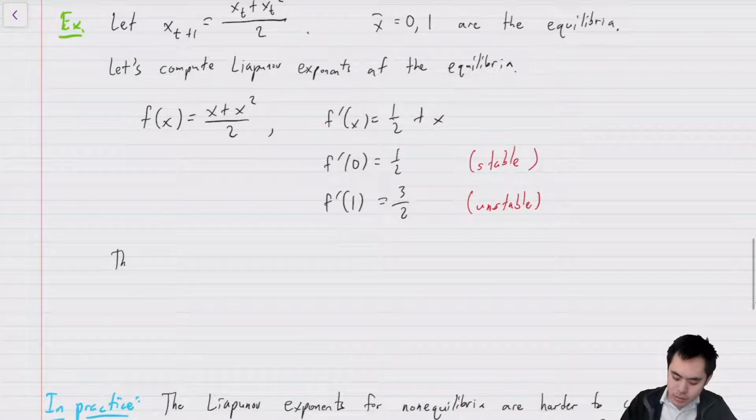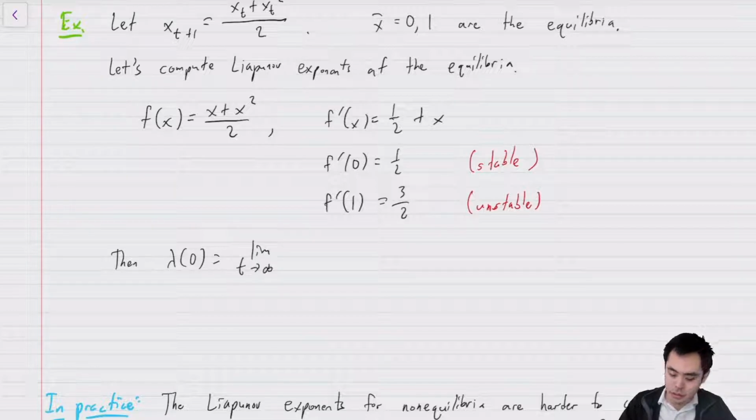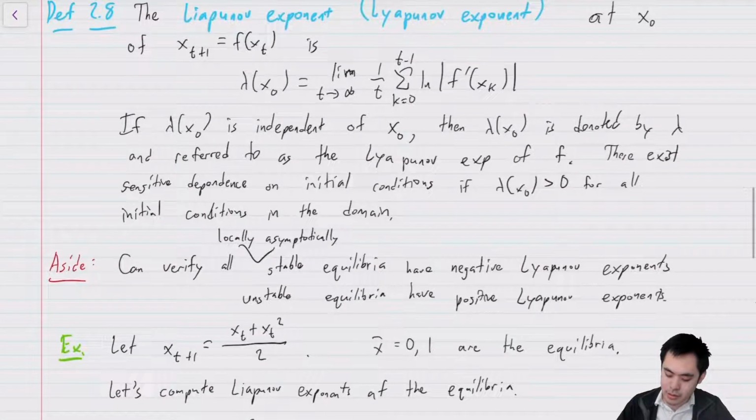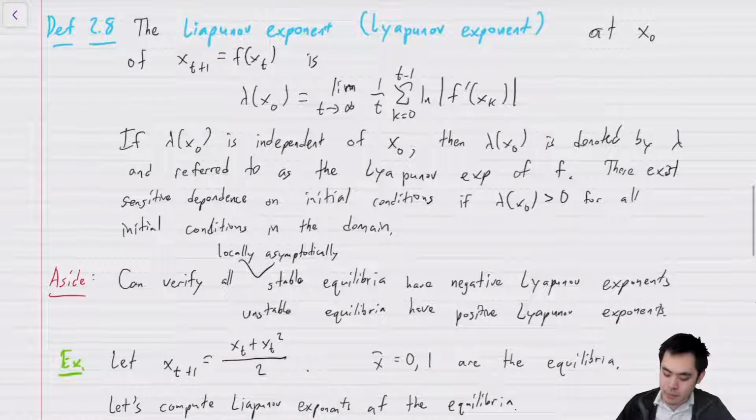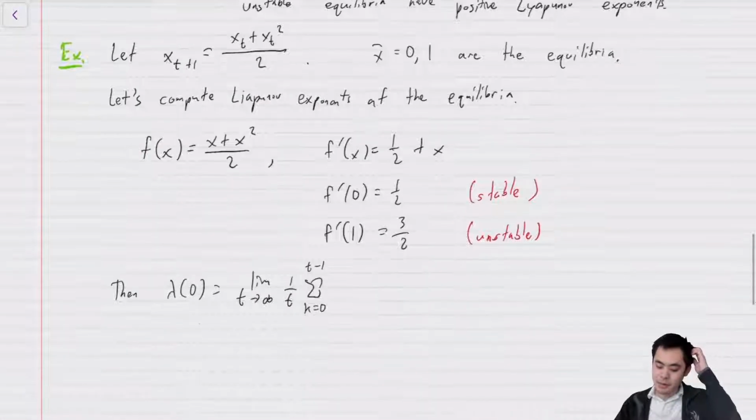Well, then we can compute the Liapunov exponents at 0 and 1 respectively. So this is just the limit as t goes to infinity of 1 over t times the sum from k equals 0 to t minus 1 of, well, what is it of? What we want is the natural log of f prime of x_k.